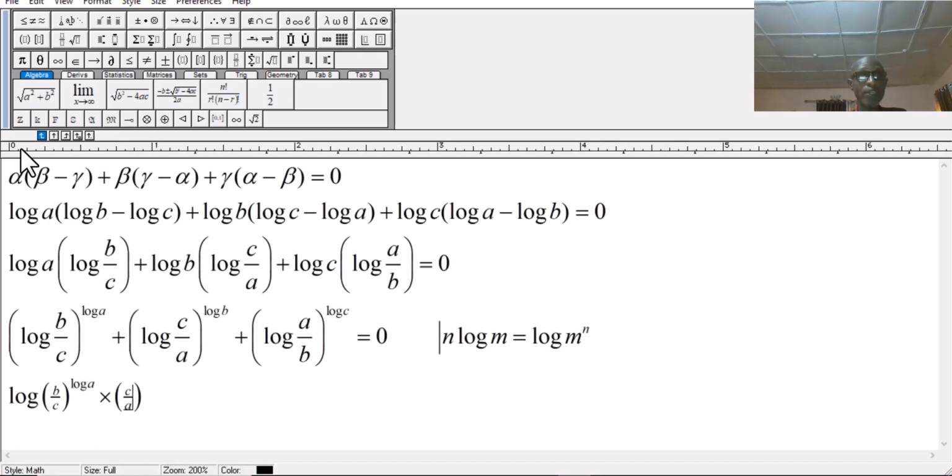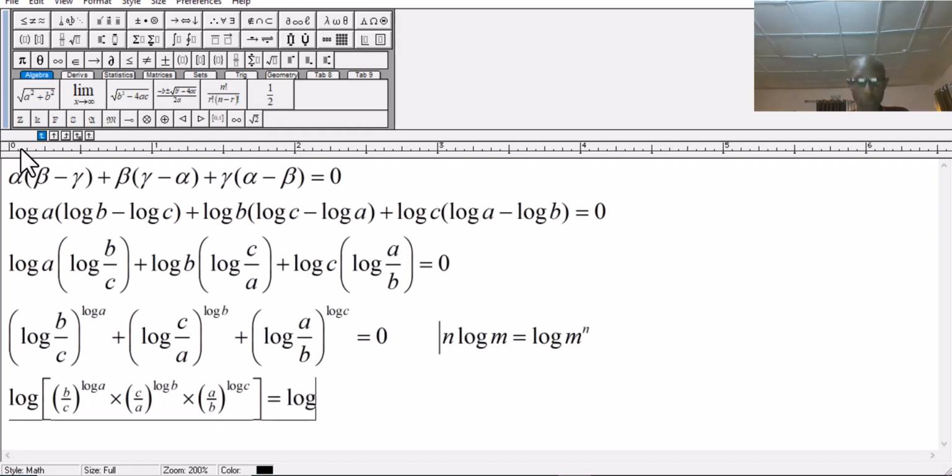C over A, log B, log A over B, log C. So let me put everything in here in a big bracket, equals 0.